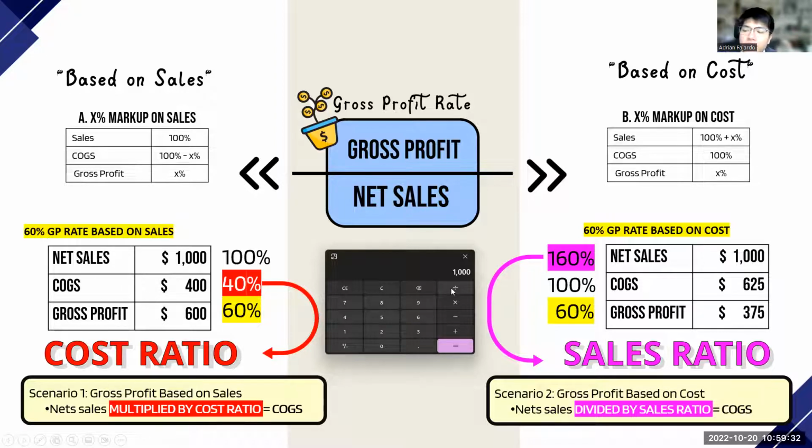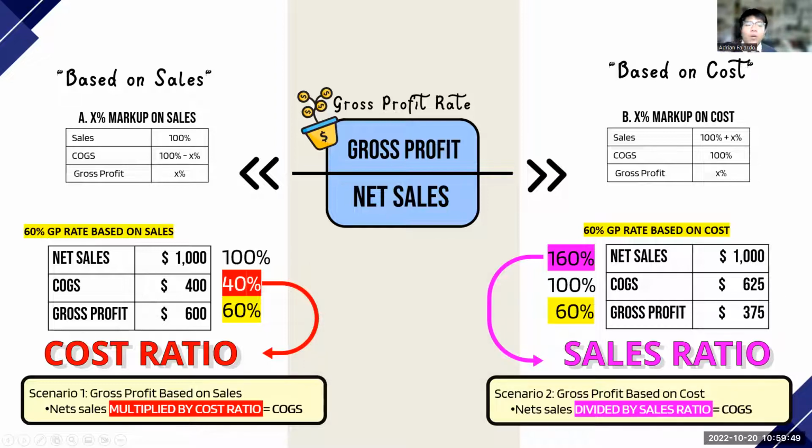So, therefore, to get our cost of goods sold based on cost, it's basically 1,000 divided by 1.6, which would be 625, right? So, basically, this is the fundamentals of the gross profit method.